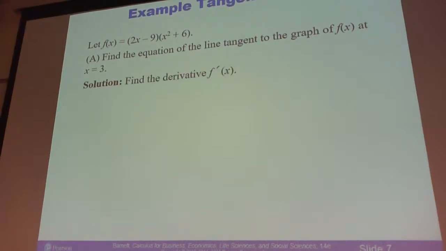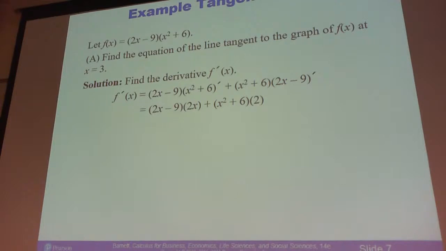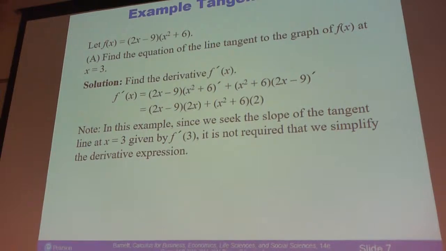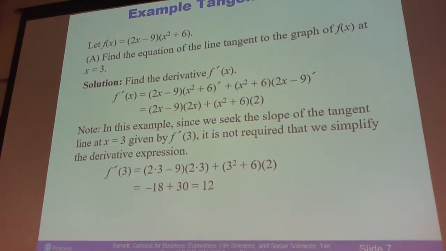The slide's going to say find the derivative. So we take the original first one times the derivative of the second, plus the original second one times the derivative of the first. We work it out. Then we take that 3 and plug it into the derivative, and we get 12.